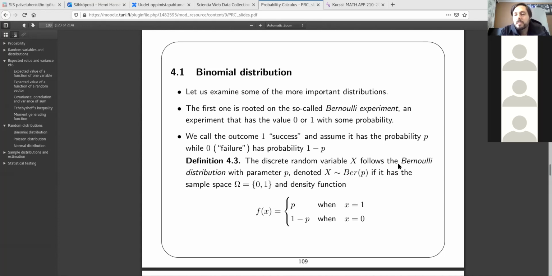So the Bernoulli distribution is the simplest distribution there is. The sample space consists of two values, 0 and 1, and the density function has values p and 1 minus p. So this is the Bernoulli distribution. So if you read a paper that says we are assuming that this certain phenomenon follows the Bernoulli distribution, well, basically it's a possibly skewed coin toss, right?